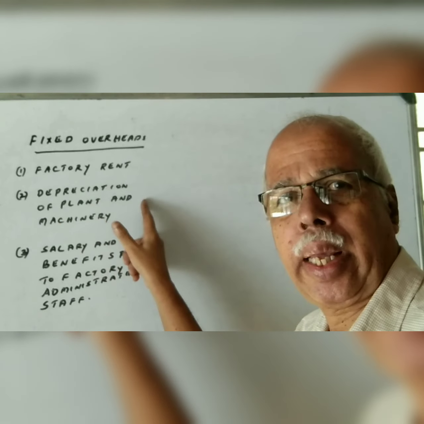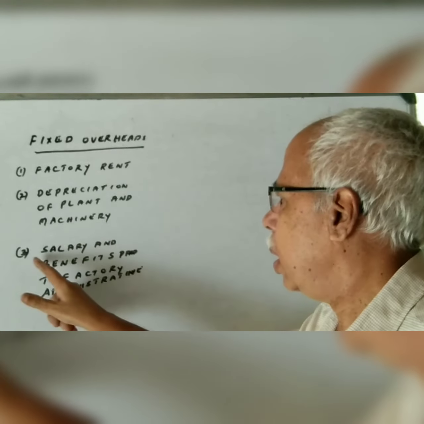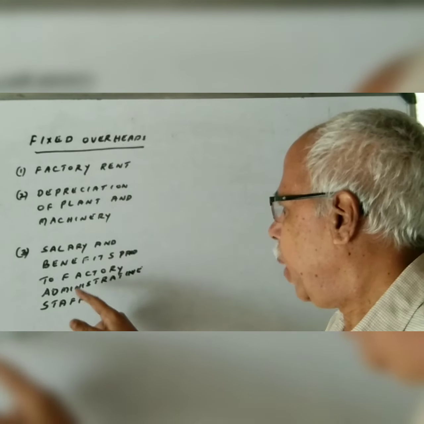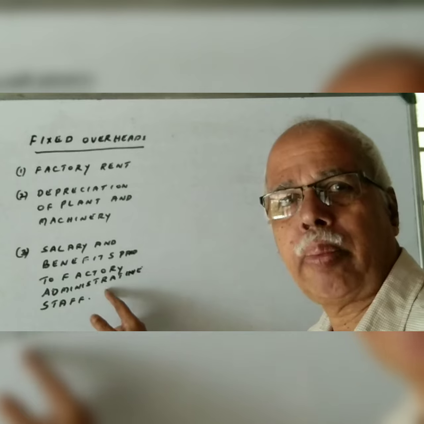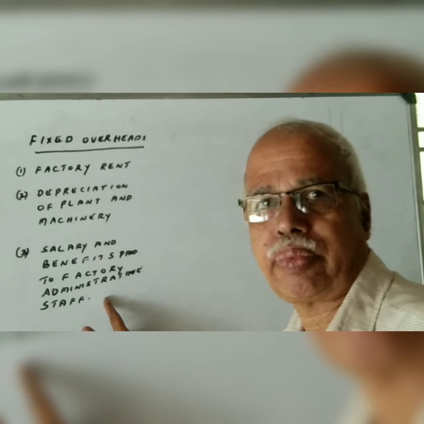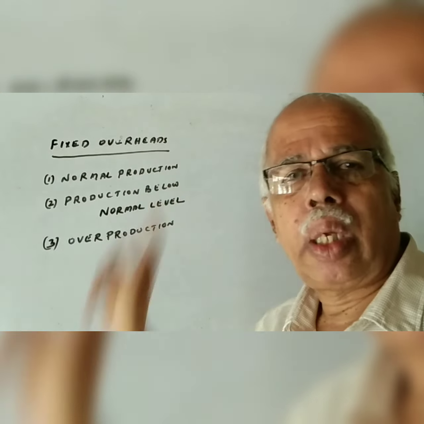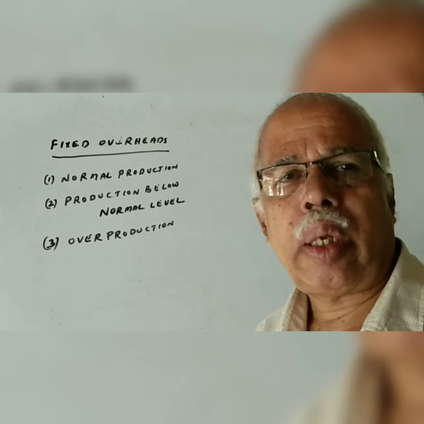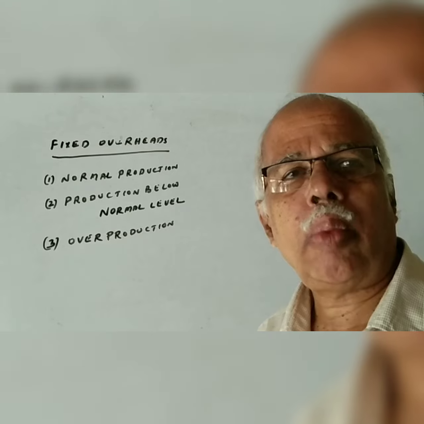Depreciation of plant and machinery. 3. Salary and benefits paid to factory administrative staff. Fixed overheads are allotted to units based on normal production.